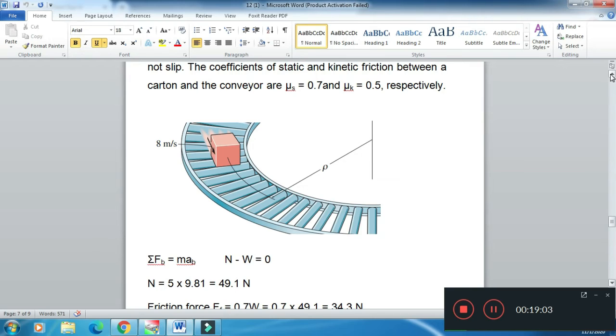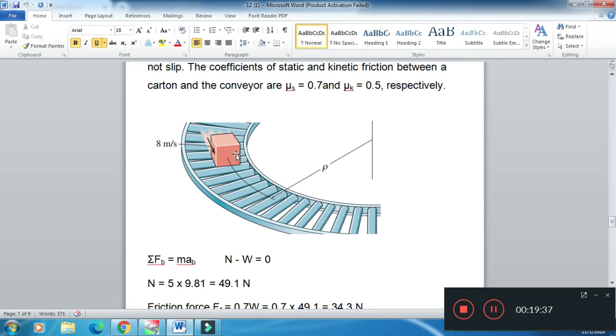The normal reaction is in the vertical direction, so the friction force can be towards the normal. Normal is towards the center, towards the axis. This is the normal direction and this is the tangential direction.